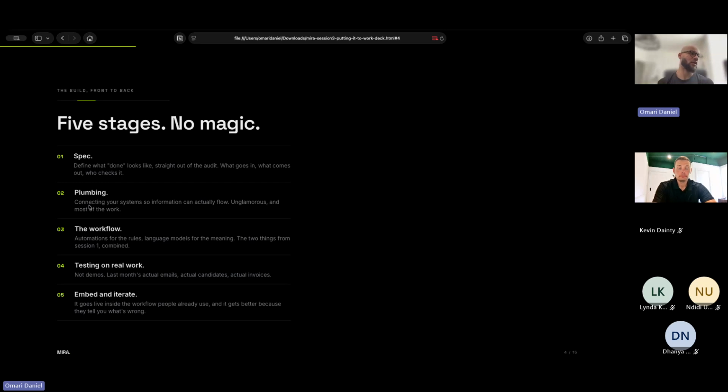The workflow: automations for the rules, language models for the meaning, two things combined from session 1. Automations are distinct from AI in terms of LLMs. Automations fulfill a deterministic purpose. For example, check emails, tell me when the emails have been checked.